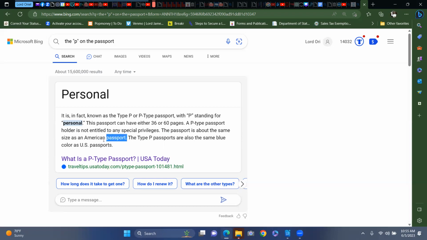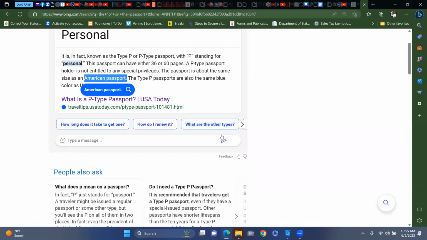So here, that's what's interesting: what is then the true American passport? The type P passport is also the same blue color as the U.S. passport. So apparently there are two different types, a U.S. passport and an American passport. So is the American passport the travel document? Is that what they're referring to?